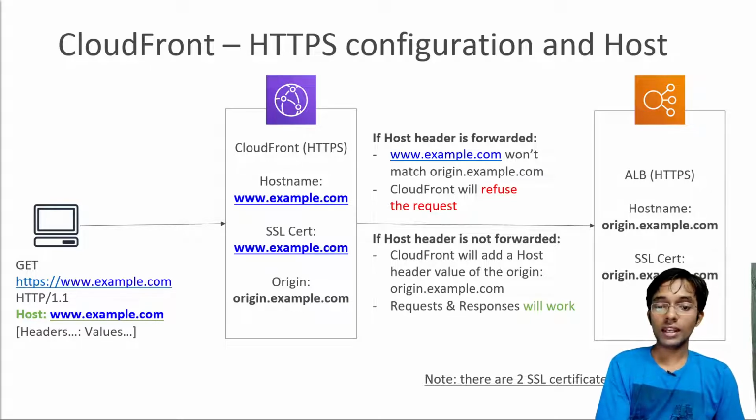So in this example, the host header makes sense when you talk to CloudFront, but it doesn't make sense to forward that host header to the ALB, because the host name is entirely different here.